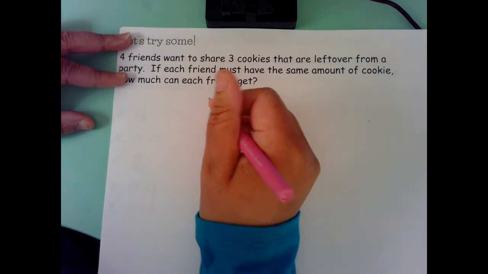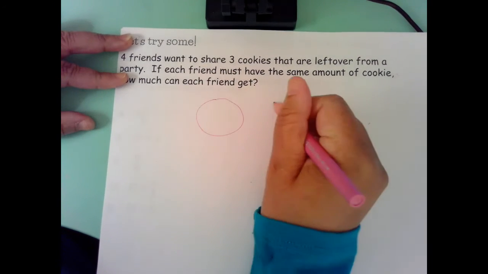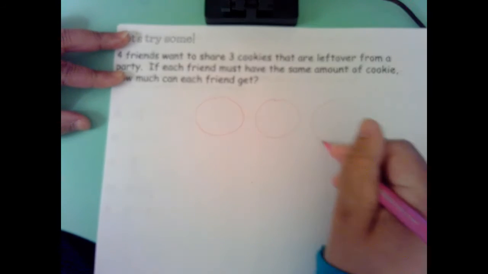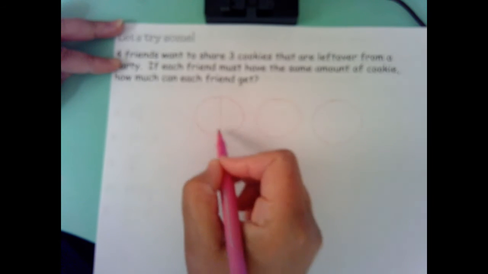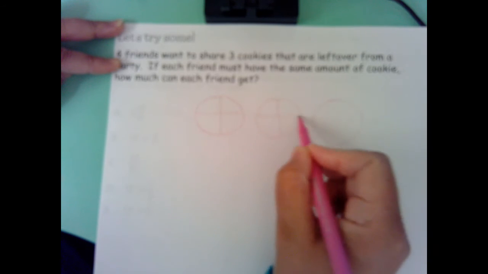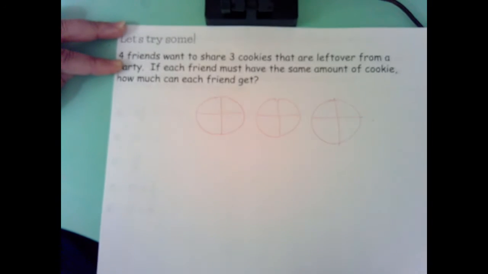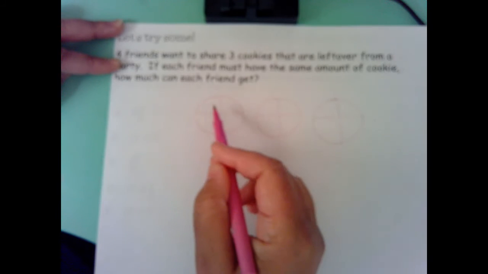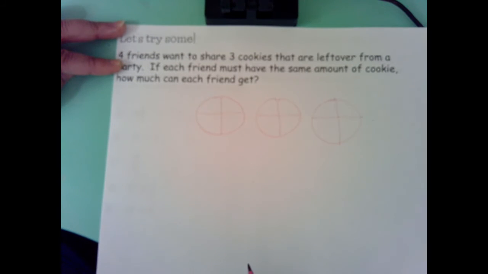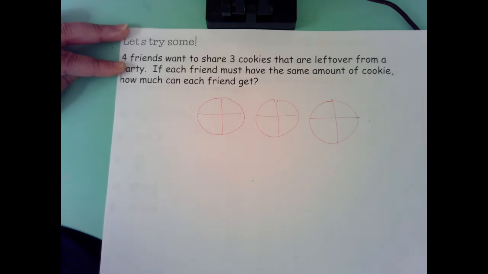We have 3 cookies. And we have 4 friends that want to share the 3 cookies. So we're going to divide each one of the cookies into fourths. So every friend gets one of those fourths of the cookies, okay?